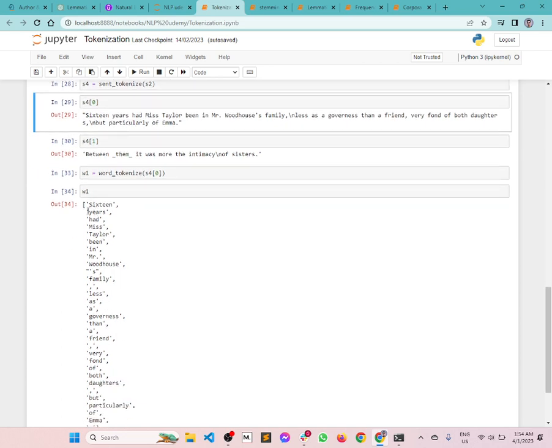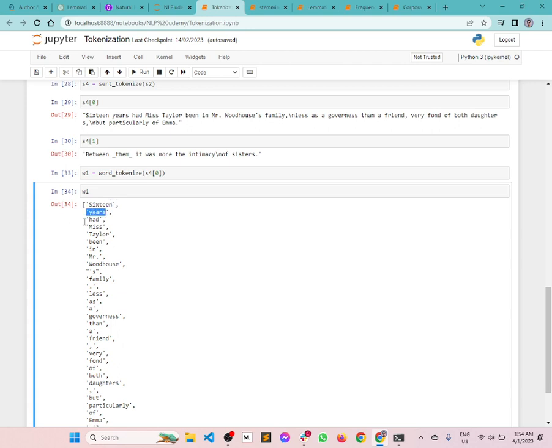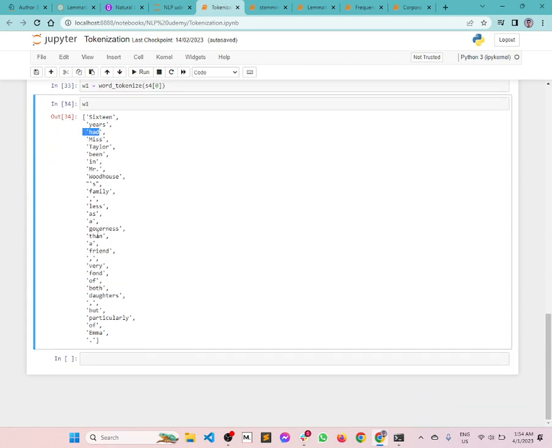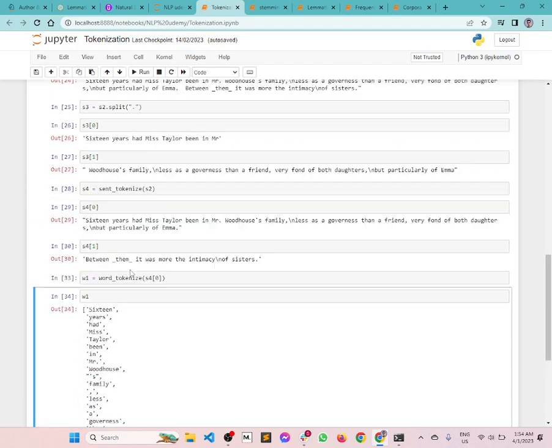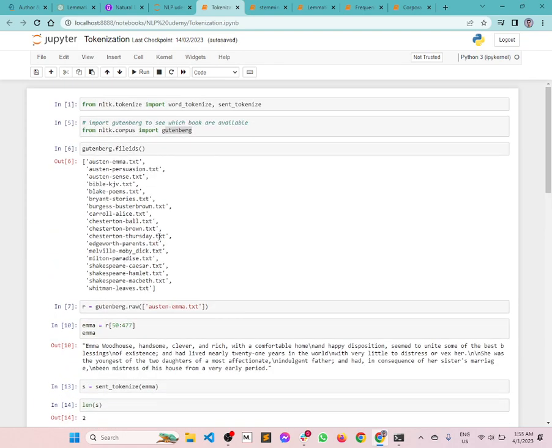This line can be separated into particular words, and that is how tokenization works. That is the whole idea of this course, as it is a very beginning course. This type of chunk is taught in this course. So thank you for joining.